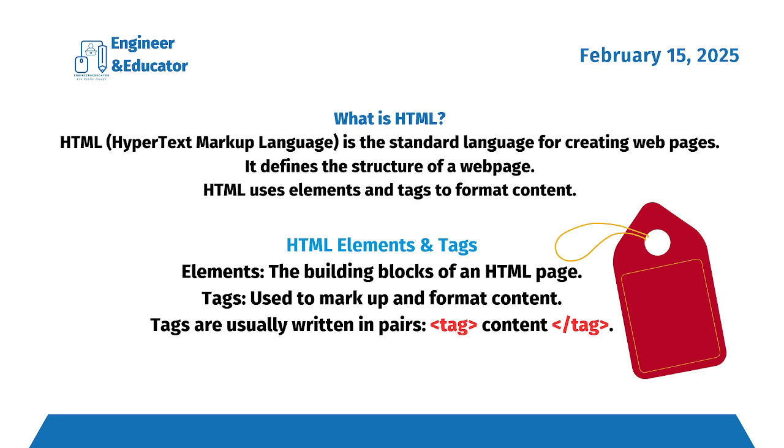So this alone is called a tag. This is the closing tag. That is, there is an angular bracket, a slash, and then the tag name. That is a closing tag, and within this opening tag and the closing tag, the content which is to be displayed on the screen is written. What content is to be rendered on the screen is written between the opening tag and closing tag.